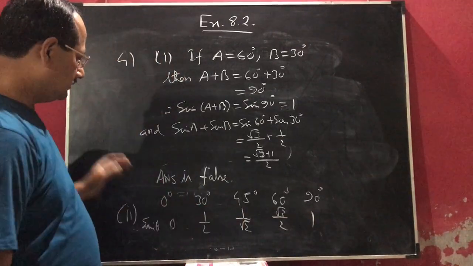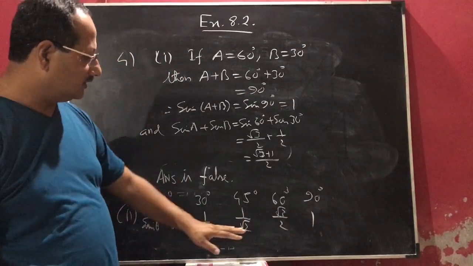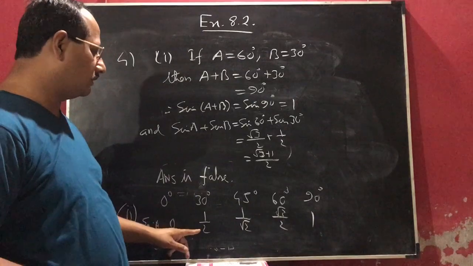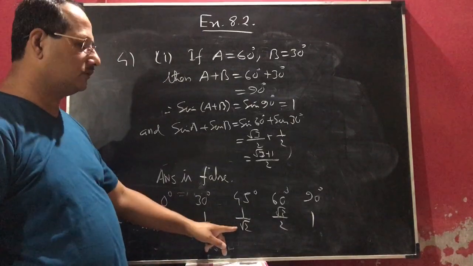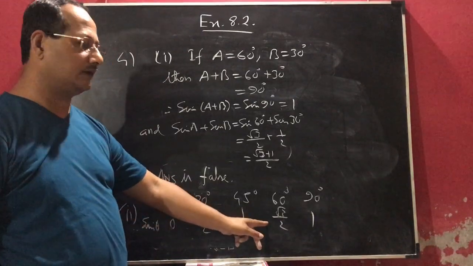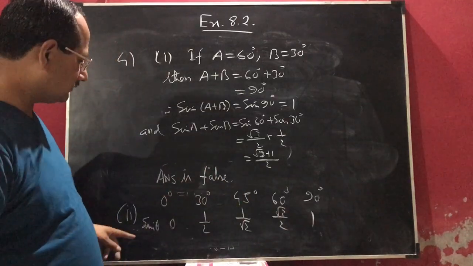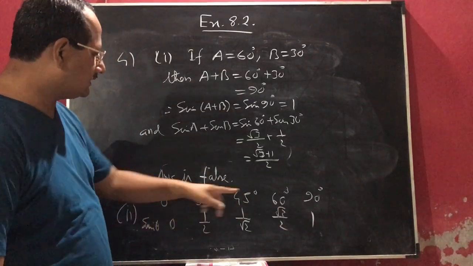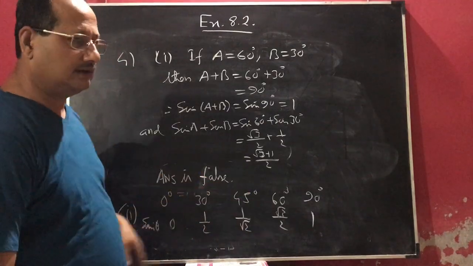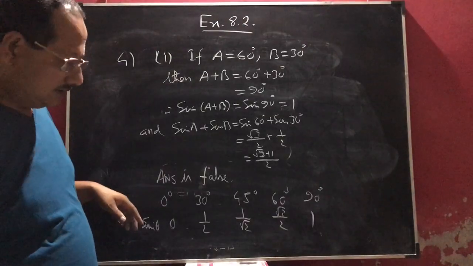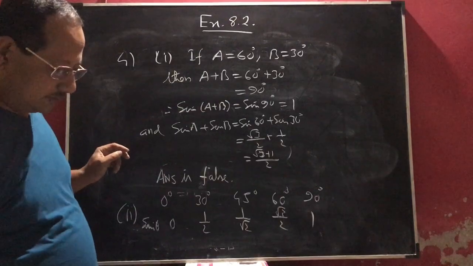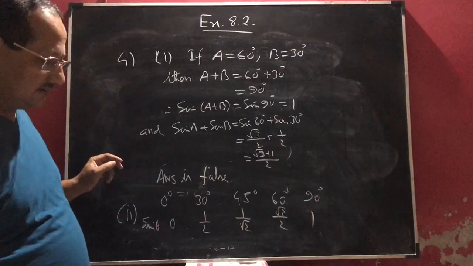You see here the value of sine increases. 0 is less than 1 by 2, 1 by 2 is less than 1 by root 2, 1 by root 2 is less than root 3 by 2, root 3 by 2 is less than 1. That means if theta increases, then sin theta value increases. Therefore, the statement that the value of sin theta increases as theta increases is true.